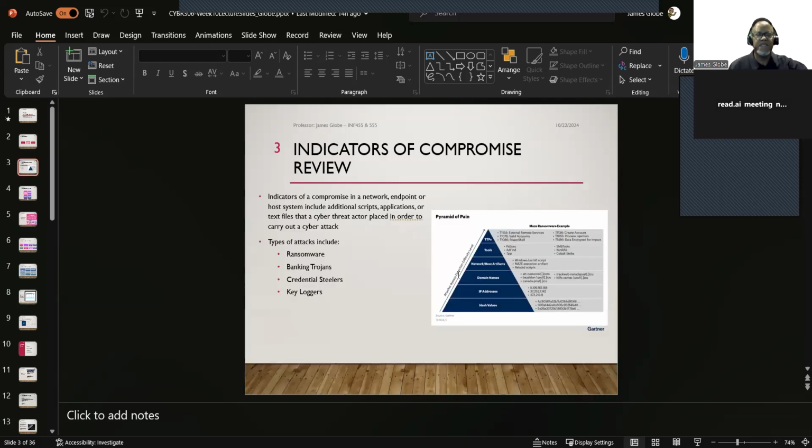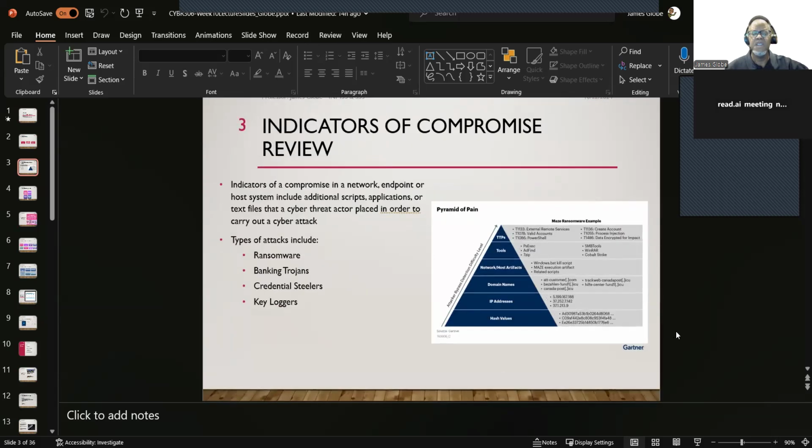On previous lectures, we've talked about indicators of compromise, which as you can see here on the slide, are your typical hash values, which could represent file names, domain names, or IP addresses. Hash values can also be the hash from a hash function.